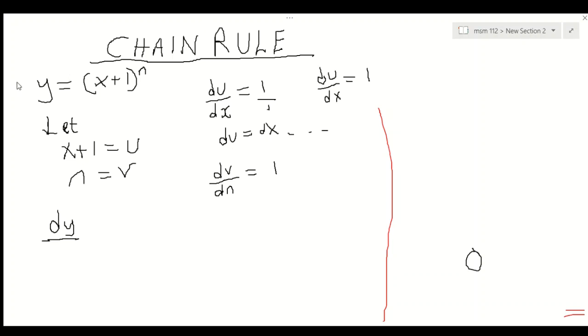The derivative of y with respect to x of this function is equal to du/dx multiplied by, what is it?